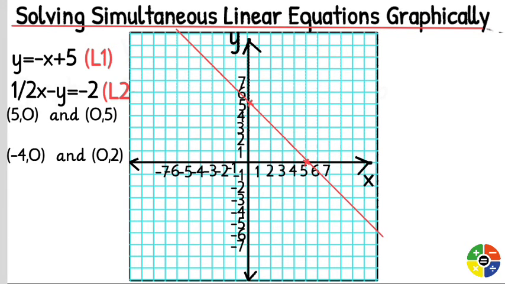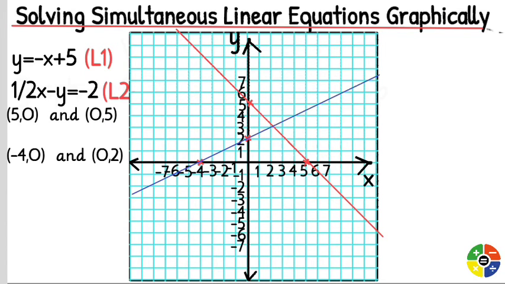For line L2, we need to plot these 2 points, (-4, 0) and (0, 2), which are the x and y intercepts respectively. So, plotting the points and drawing a straight line linking them, we obtain.